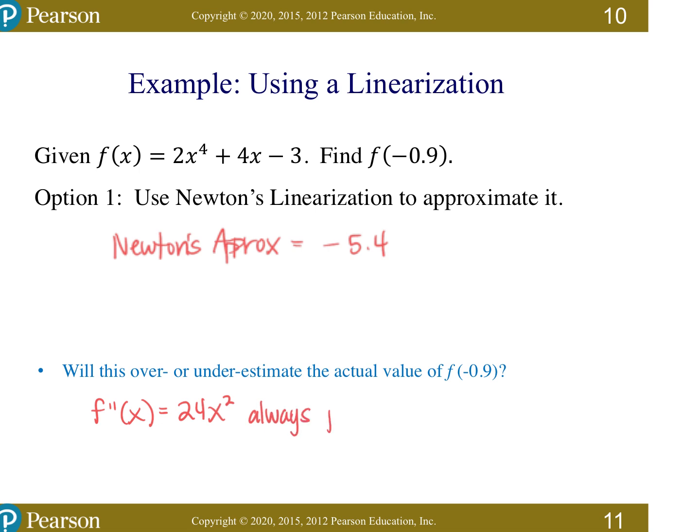That's always positive. If the second derivative is always positive, then the tangent line that Newton drew would be underneath something that had always been positive. Newton's linearization was under the positive concavity.